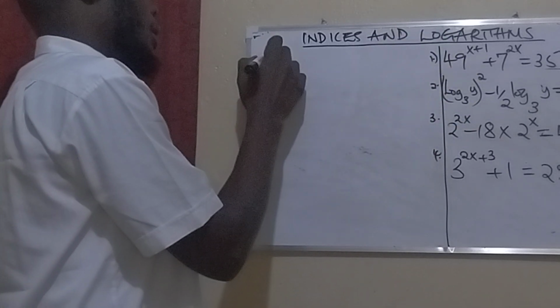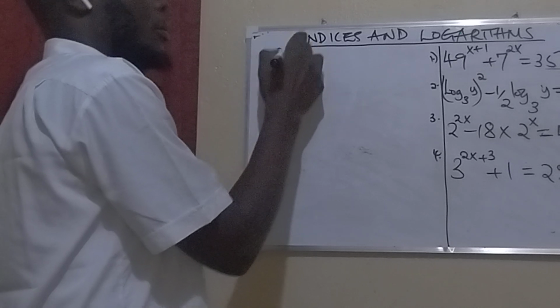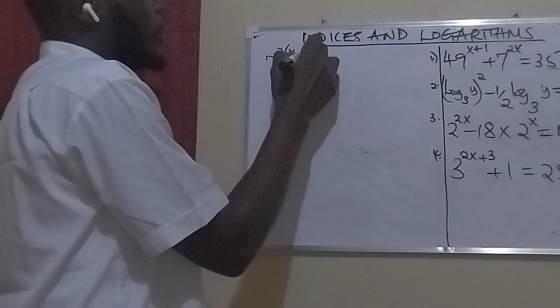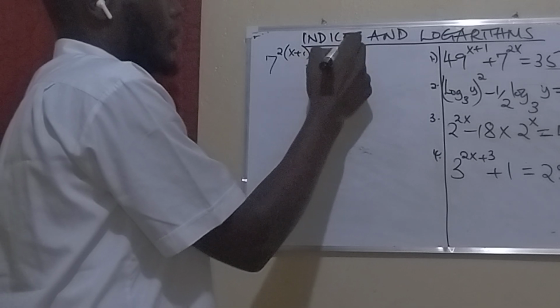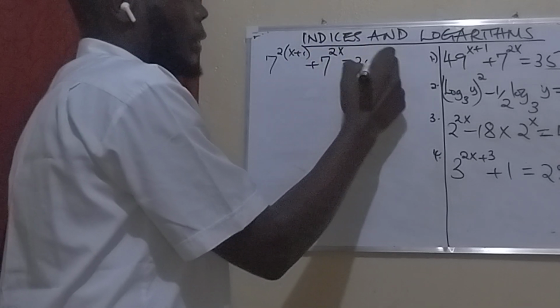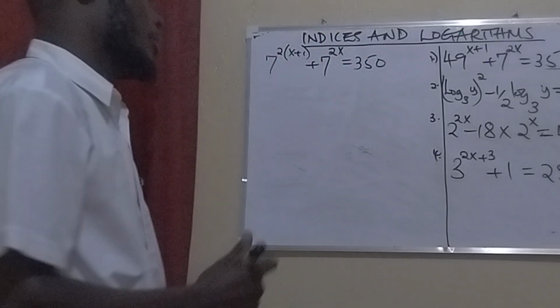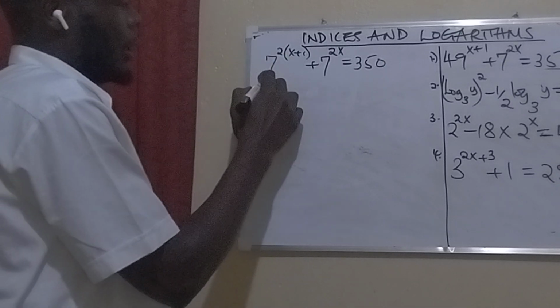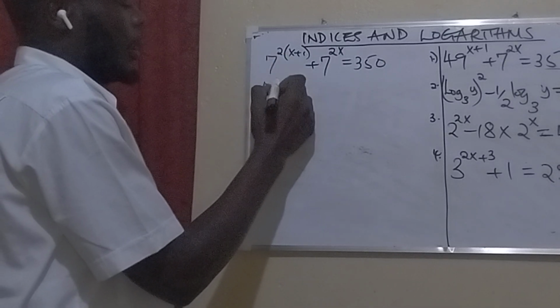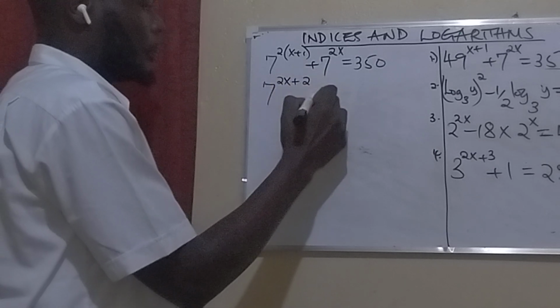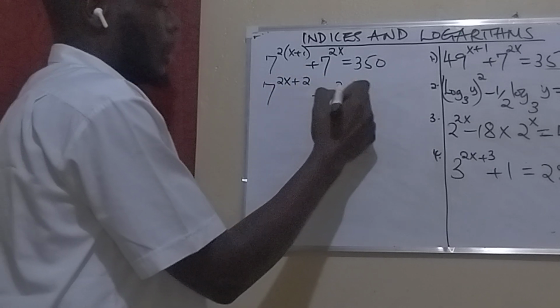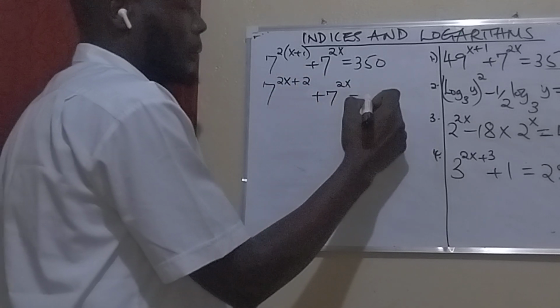So 49 is 7 power 2, then into x plus 1, plus 7 raised to power 2x is equal to 350. If you expand the bracket, you have 7 raised to power 2x plus 2, plus 7 raised to power 2x is equal to 350.